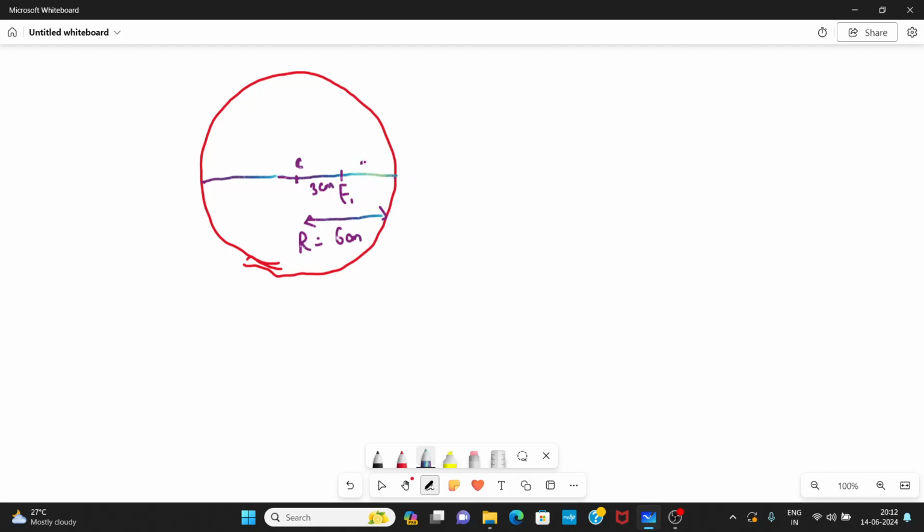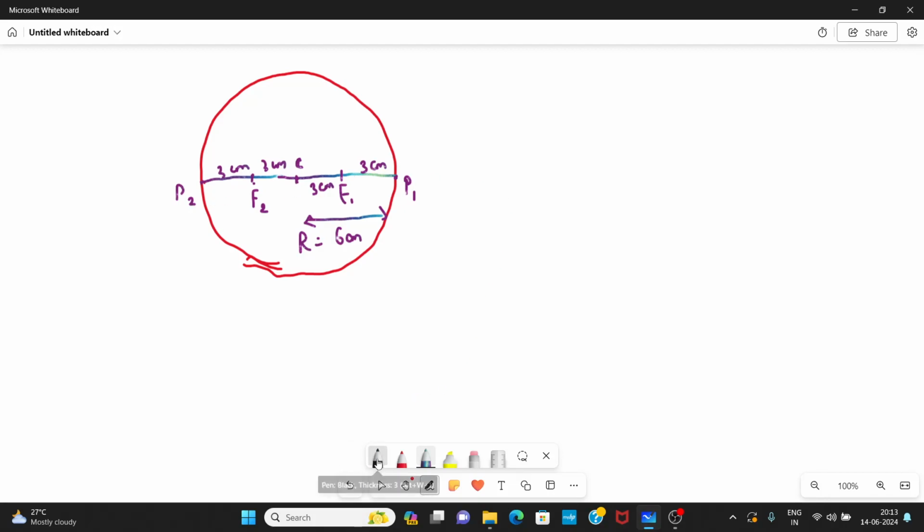And from the focus at 3 centimeters, you draw a point P, known as pole. Likewise, repeat it on the left hand side. At 3 centimeters, you draw a focal point F, and again at 3 centimeters from your focal point you draw a point P2.